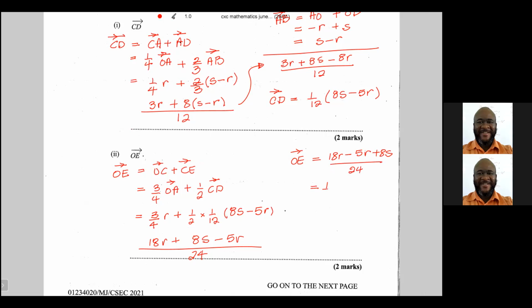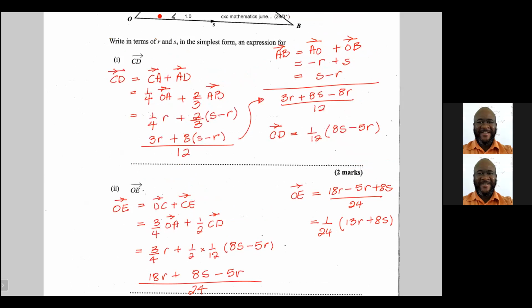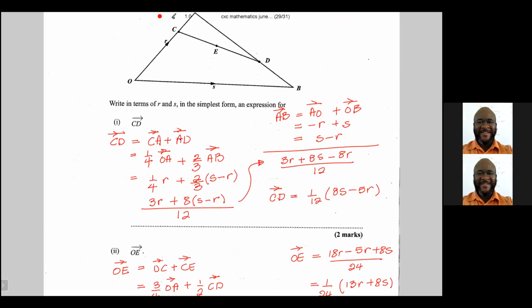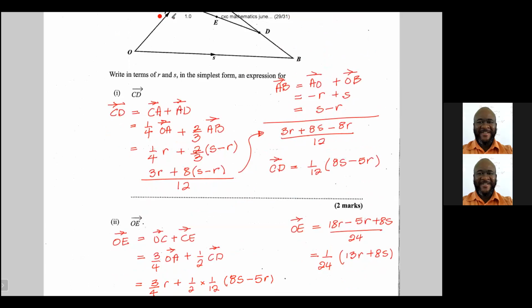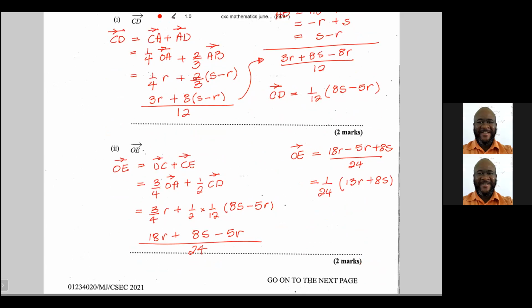This is 1 over 24 of 13R plus 8S. All right, good. Let's see what the next page brings.